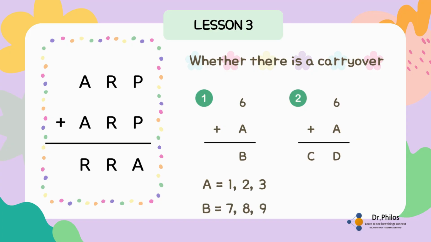What about the ranges for A and D in number 2? In number 2, since there is a carryover, A is from 4 to 9. D is from 0 to 5. Good job! Like this, the range of numbers changes depending on the carryover. But in letter sum deduction problems, letters are used instead of numbers, so it's hard to know right away if there is a carryover.